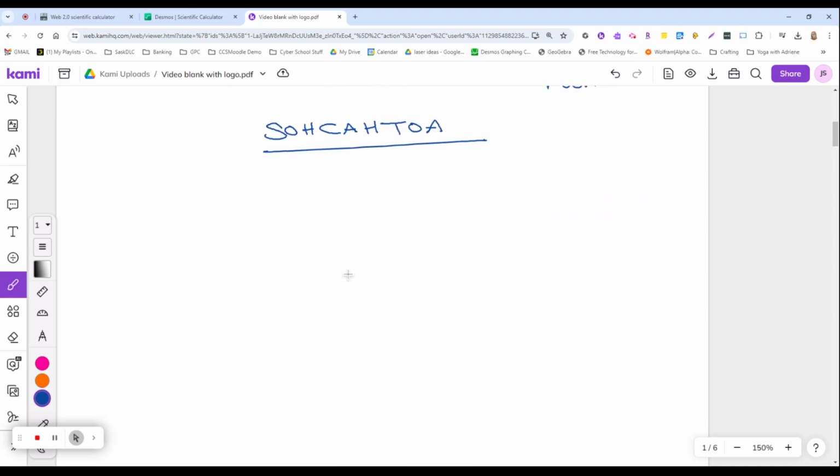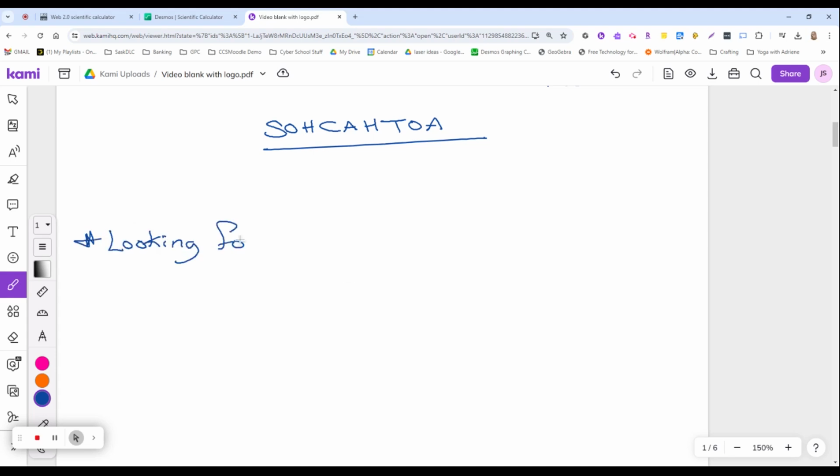If we're looking for a side, so if you've got a right triangle, if you know two sides, don't forget Pythagoras.